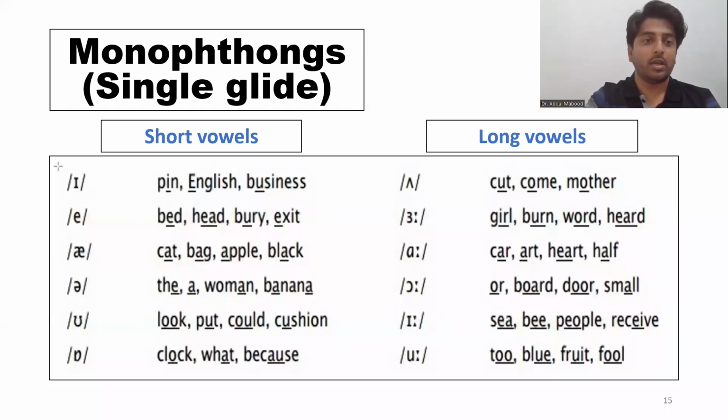It is E, then A, very small, short: bed, head, exit. Then we have the a sound: cat, bag, apple, black.